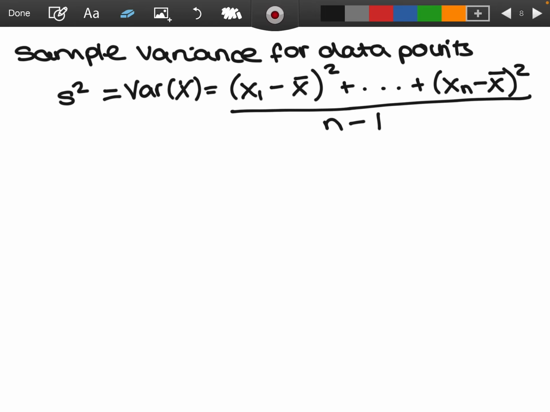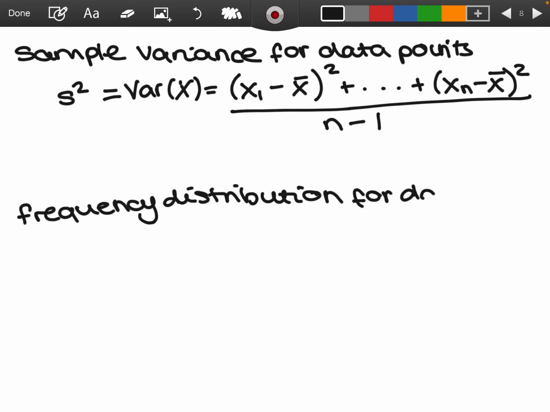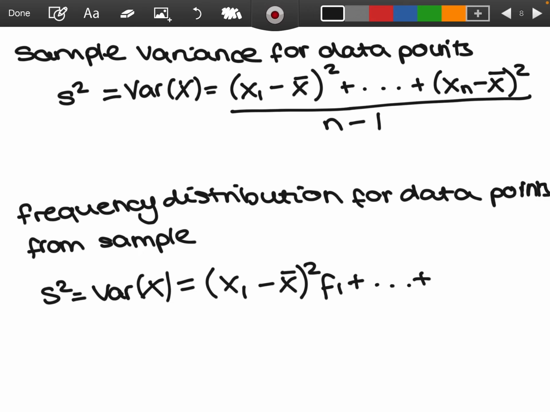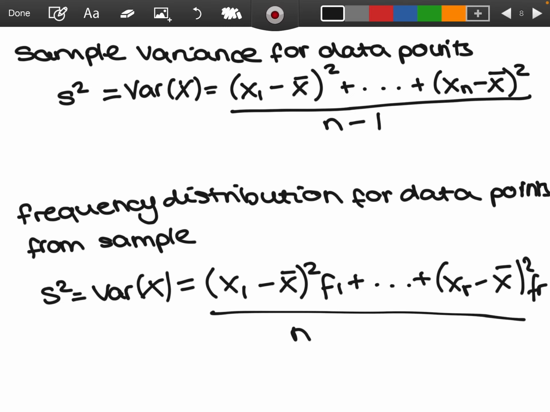If you are instead looking at, again, a sample but a frequency distribution, it's going to work exactly the same way as our previous population variance did, where we look at each of the data points, we subtract the mean from it, and you square each of these for each of your r different outcomes, and then you divide by the number of things in your sample.